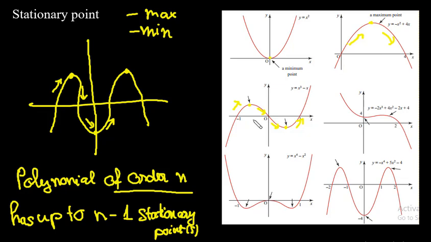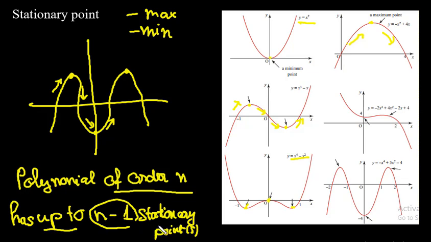Now look at here, you see that this one has the order of 2, so it has one stationary point. But for this one, it has an order of 4, and here it has 3 stationary points. It says up to n minus 1 is the maximum number of stationary points that polynomial can have.